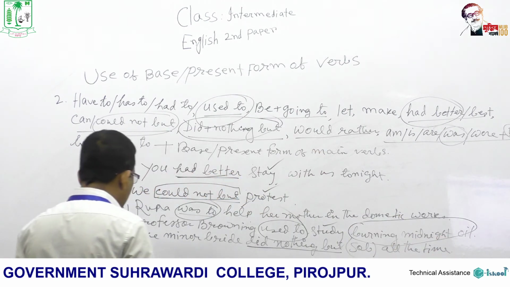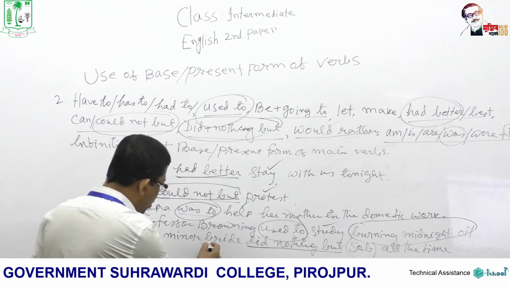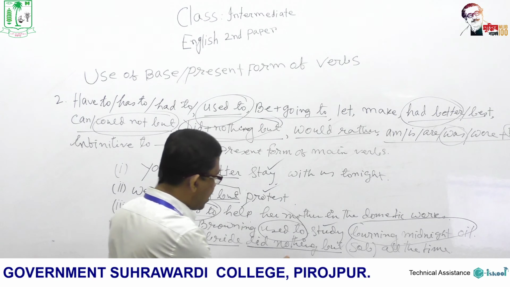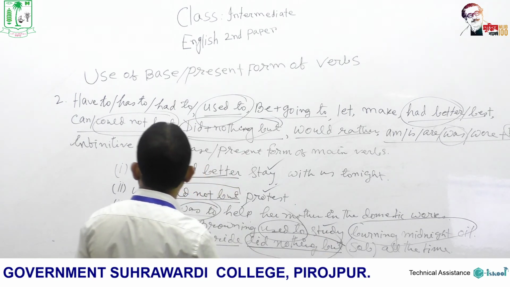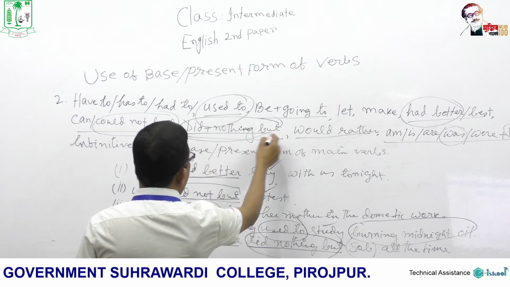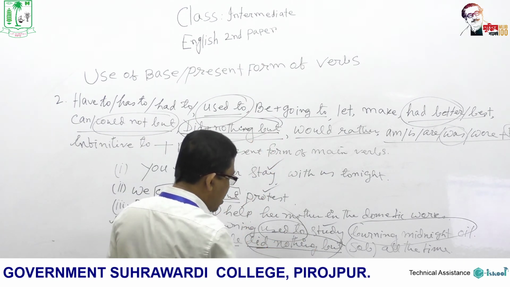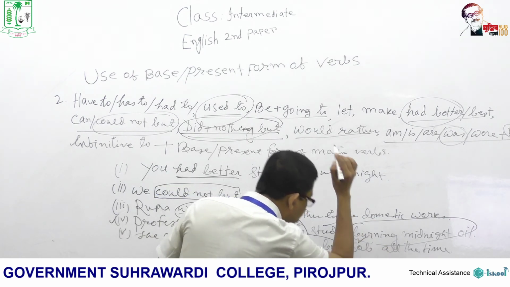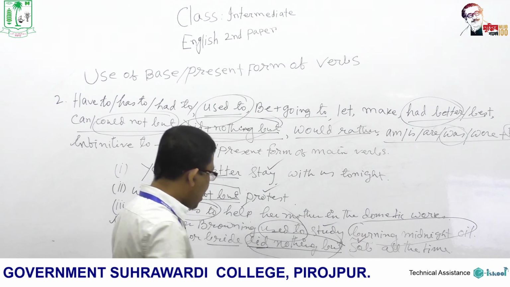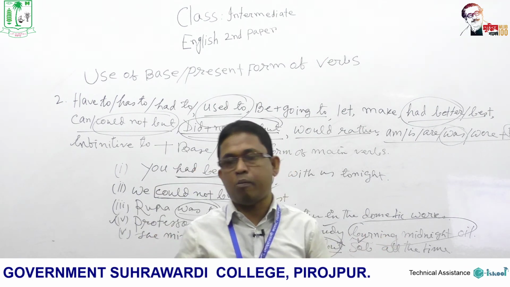Okay, then the minor bride did nothing but sob. This nothing but is collected from did plus nothing but. Sob is the main verb, and we should use the base form of main verbs here, because did plus nothing but plus the base form or the present form of main verbs.